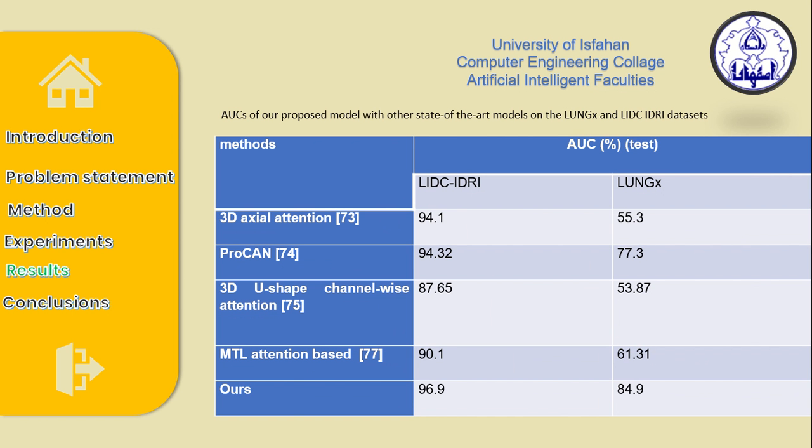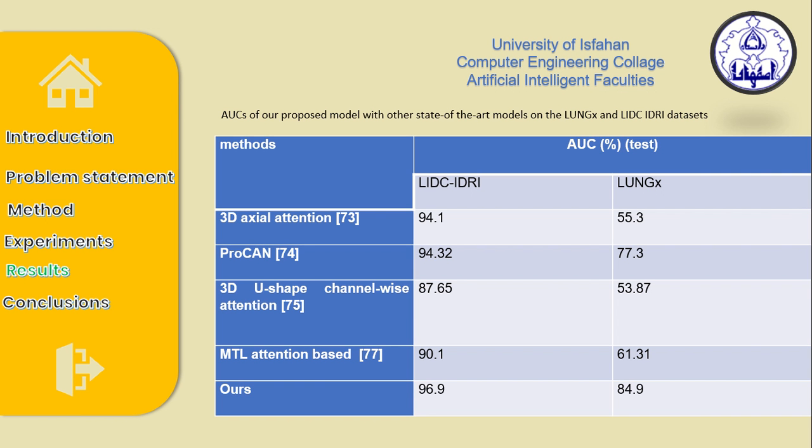Then this table refers to different models, 3D axial, Broken, and U-shape, which were used in our previous paper, now published in a Q1 journal. We trained these under LIDC and also tested under LIDC, and then we tested using the LangX dataset.